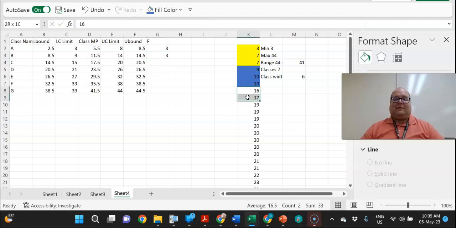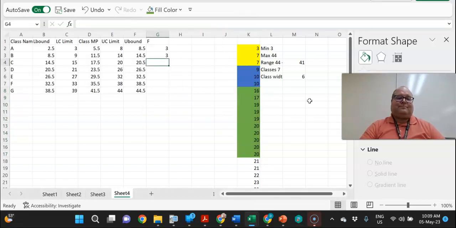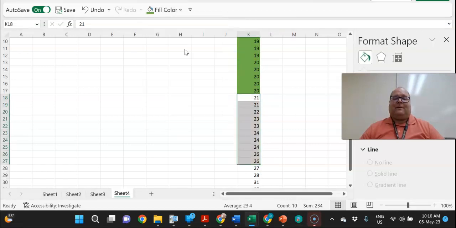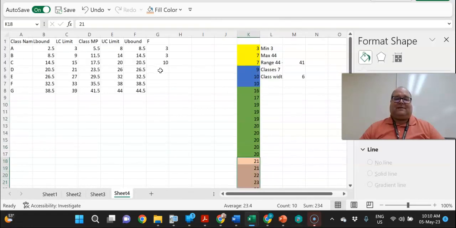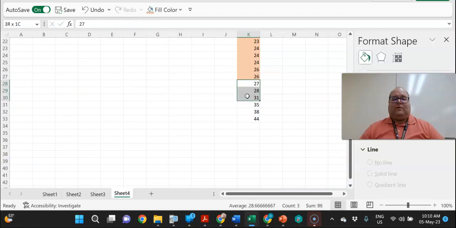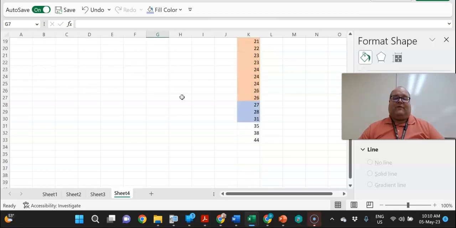Between 15 and 20, we have 10 values. Between 21 and 26, we have another group of 10. 27 through 32, we have 3. 33 through 38, we have 2.